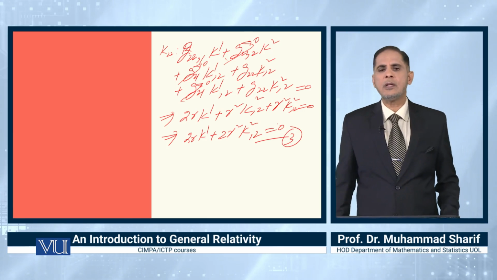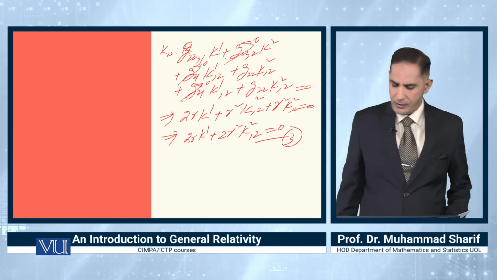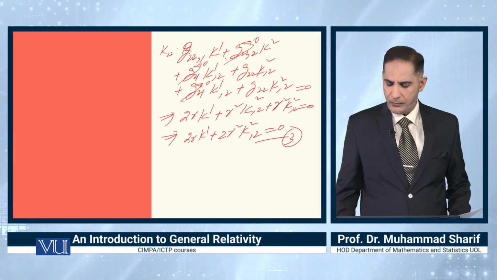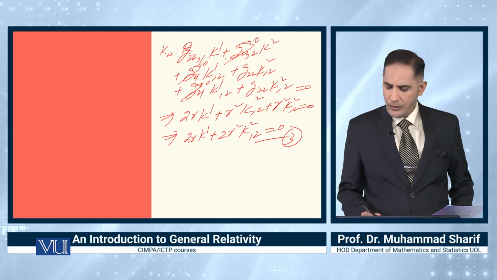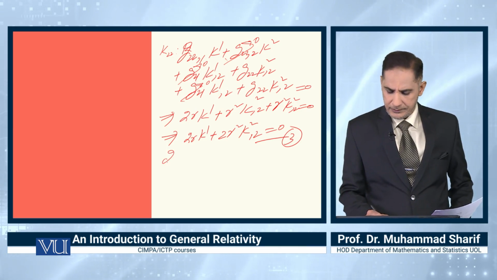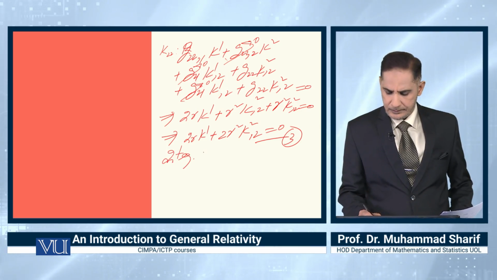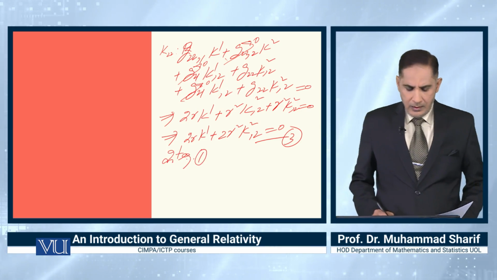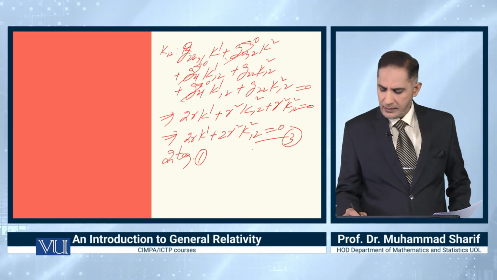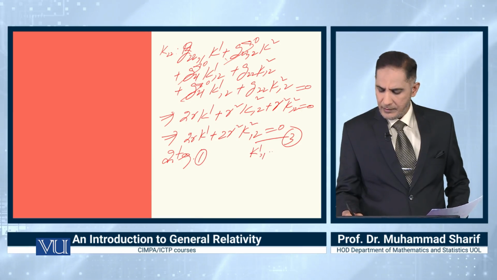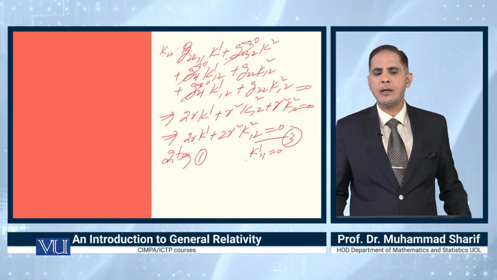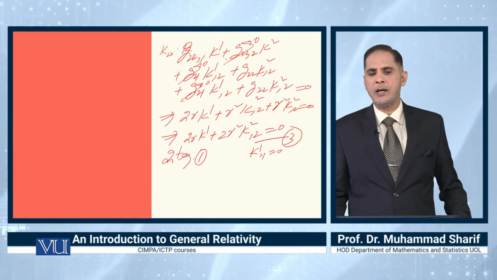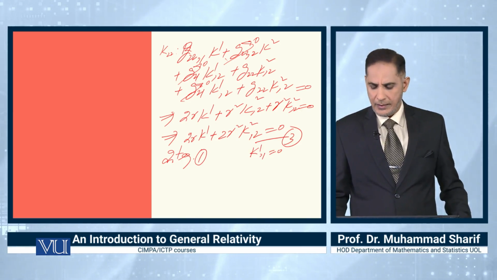So now we have three equations and we want to calculate the values of k1, k2. What we shall do, we first integrate equation number 1, k1 comma 1 equal to 0. When we integrate, keep in mind that k1, k2 depend upon the variables r and theta.